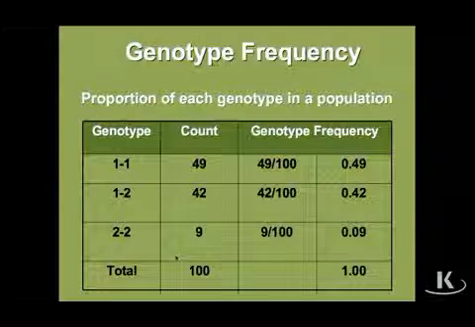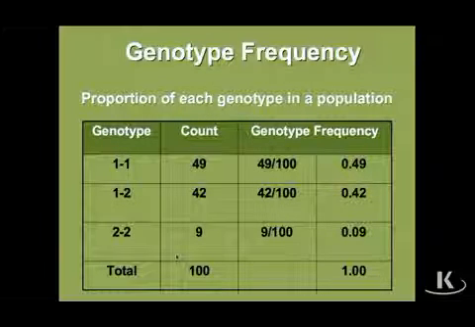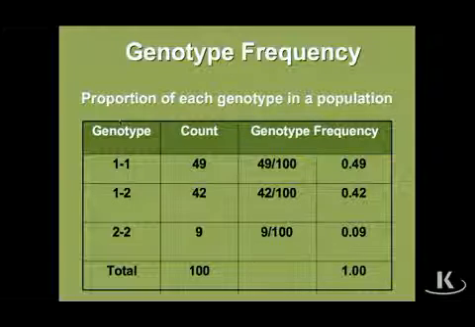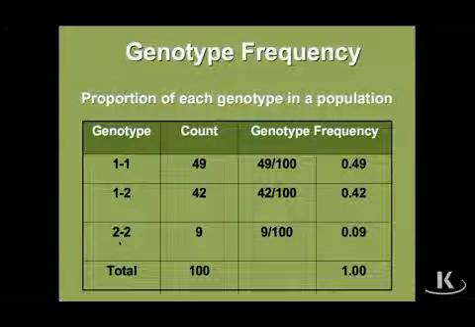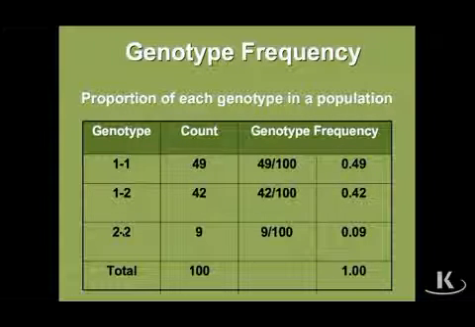In the example in your book, the investigators looked at 100 different people, and there are 3 possible genotypes in the population: homozygous 1-1, heterozygous 1-2, homozygous 2-2.